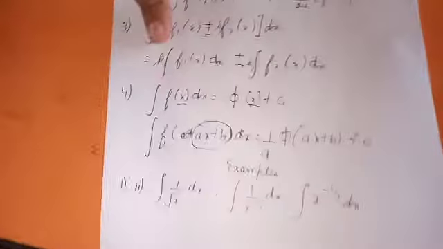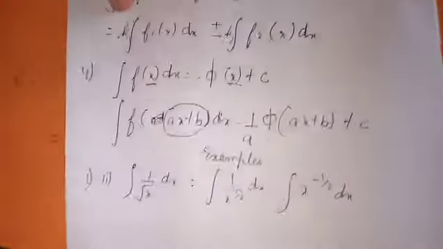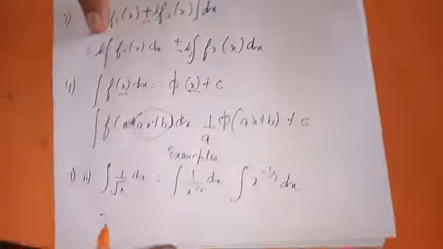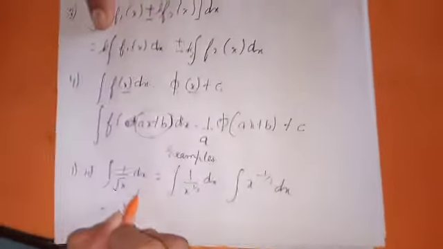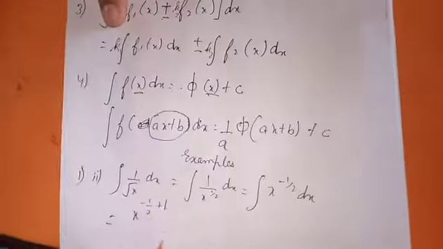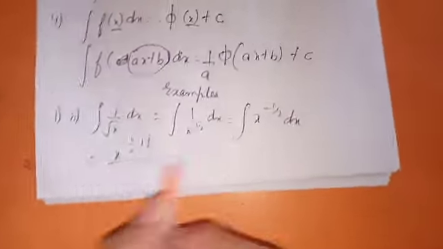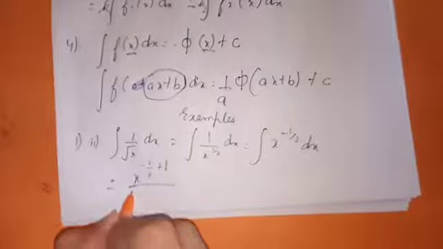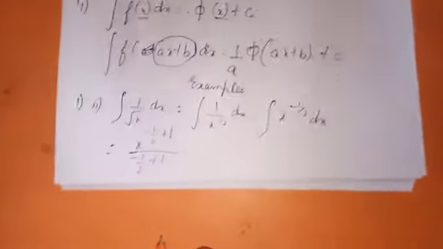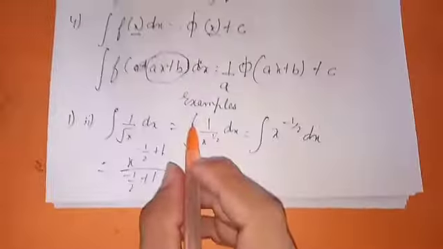Now we can integrate it easily. How can we integrate it? First of all, we add 1 to minus 1 by 2, then divide by the new power of x, that means minus 1 by 2 plus 1, plus c.